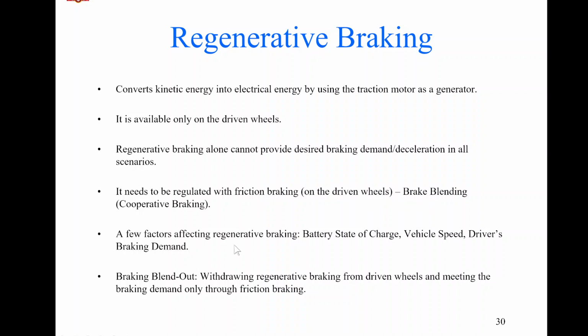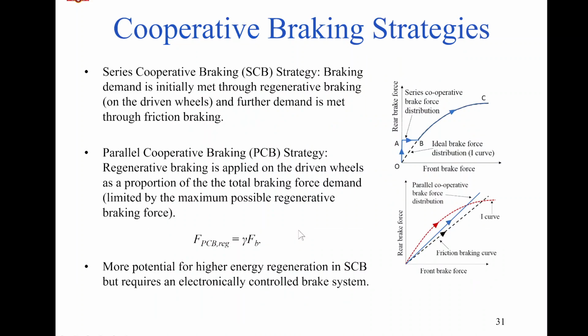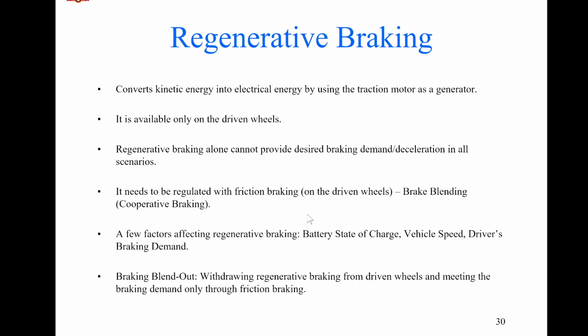The factors which affect the regenerative braking include battery state of charge, vehicle speed, driver's demand, and a few things if any. Then braking blend out is withdrawing the regenerative braking from driven wheels and meeting the brake demand only through friction braking.